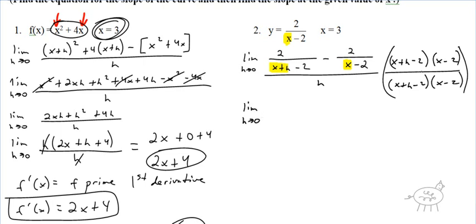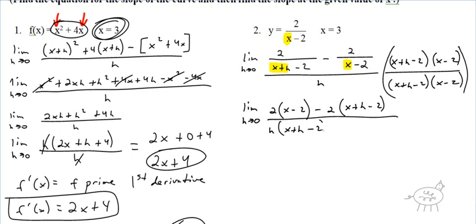Of course, the x plus h minus 2 cancels, and we just get 2 times x minus 2, minus 2 times the x minus 2's cancel, and we get x plus h minus 2. And the bottom is just kind of large. It's h times x plus h minus 2 times x minus 2.